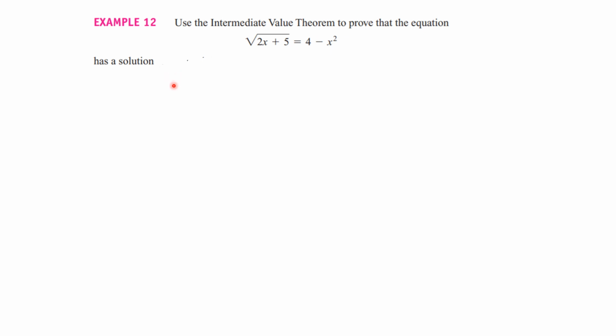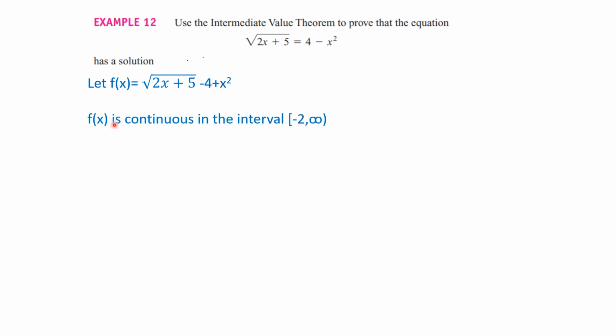To do so, let's first assume that f of x equals the square root of 2x plus 5 minus 4 plus x squared. We also have to assume that f of x is continuous in the interval from -2, including -2, to plus infinity.